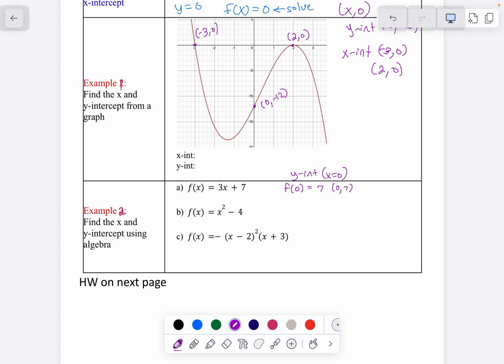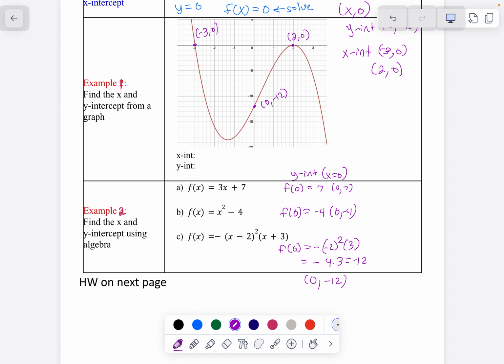For B, if we plug in 0, we get negative 4. So that's the point (0, -4). And then for C, if we plug in 0, we've got a little more math to do. We get the opposite of negative 2 squared times 3. So that's the opposite of 4 times 3, or negative 12. So that is the point (0, -12).